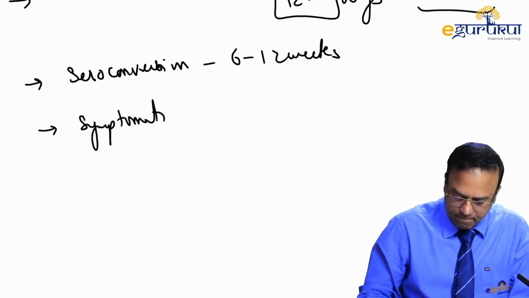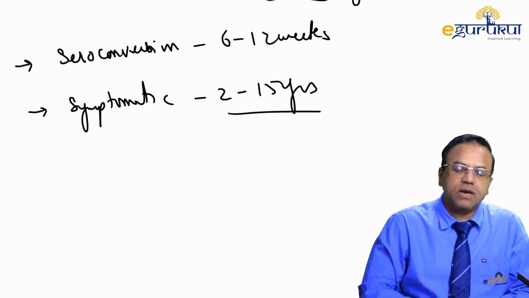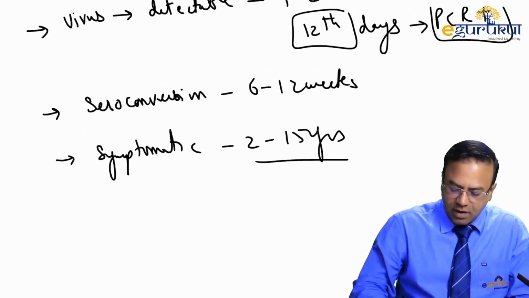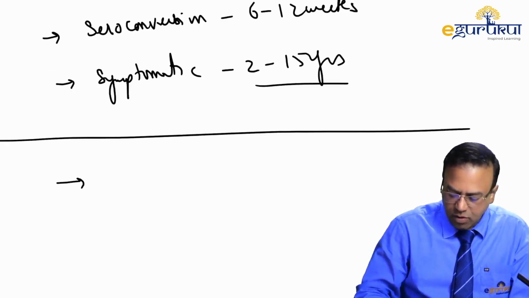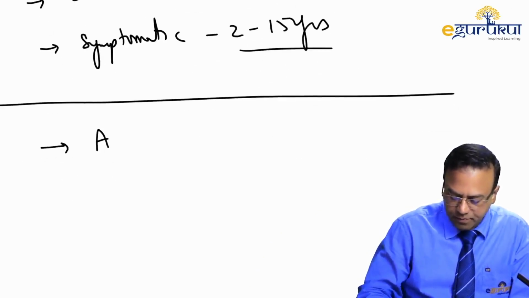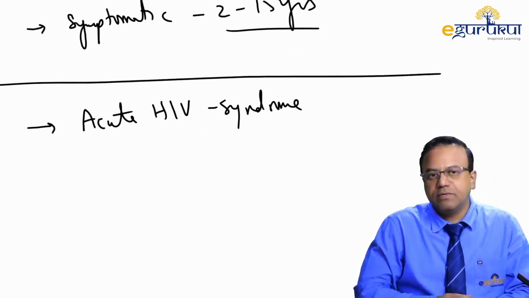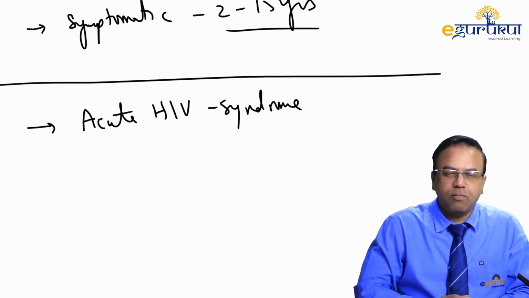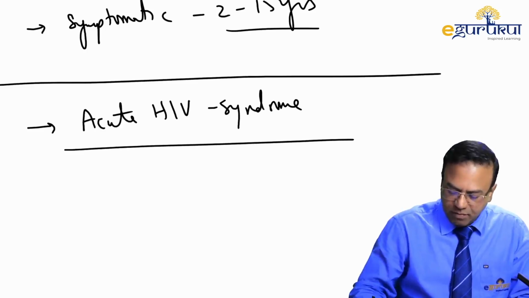Symptomatic disease might take anywhere between 2 to 15 years, and on average, it takes about 9 years for a patient to start developing symptoms. However, there is a significant set of patients who can develop something called the acute HIV syndrome or the acute retroviral syndrome. Not all patients who get exposed to HIV develop the acute HIV syndrome. It occurs in about 40 to 60% of patients. This is nothing but a febrile illness.